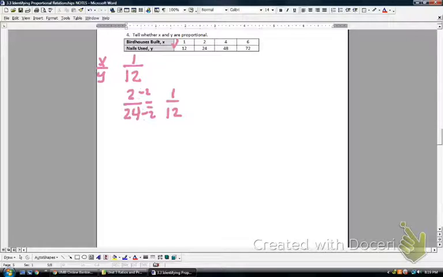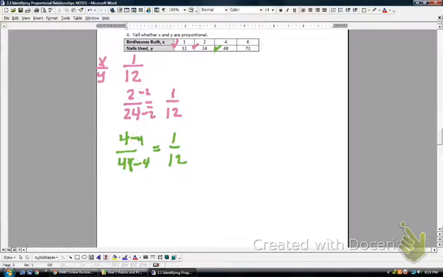So I've done those. Then I'm going to do 48 to 4, except I have a mistake here because I didn't do X to Y, so erase that. Let's see, X is 4 and Y is 48. I can divide the top by 4 and the bottom by 4. That simplifies to 1 to 12, so I've done that one.